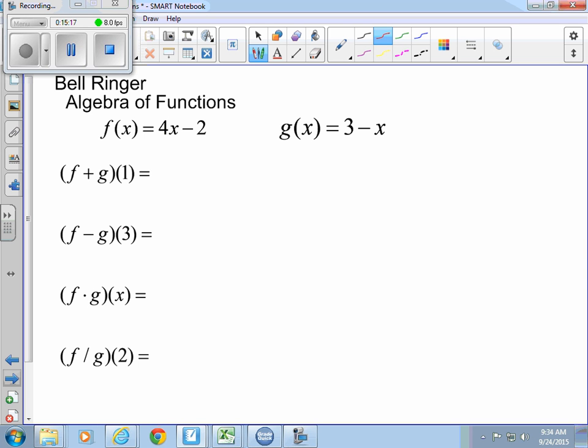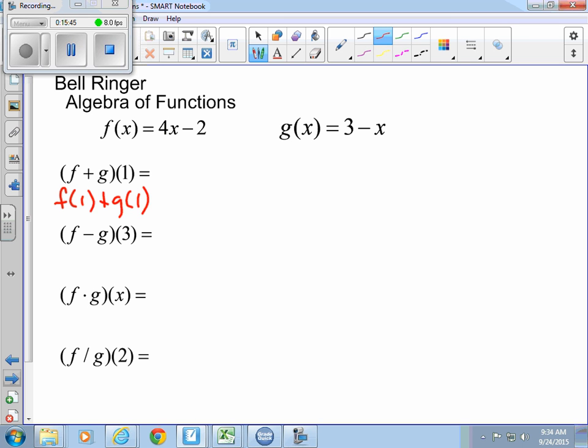If f plus g of x is f of x plus g of x, what do you think f plus g of 1 means? 1 goes to the x's. This means f of 1 plus g of 1. Which feels a little bit like what we did on the last one, doesn't it?